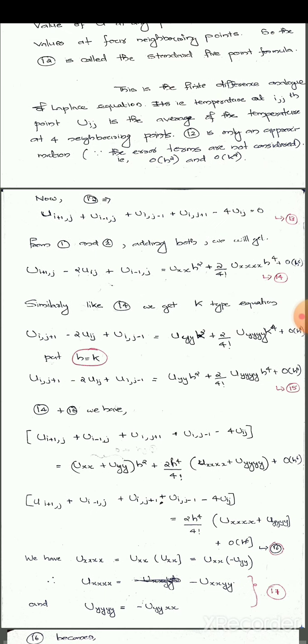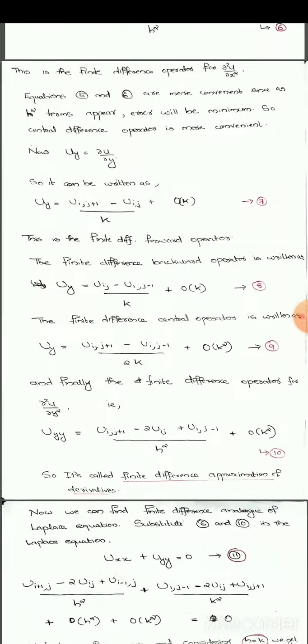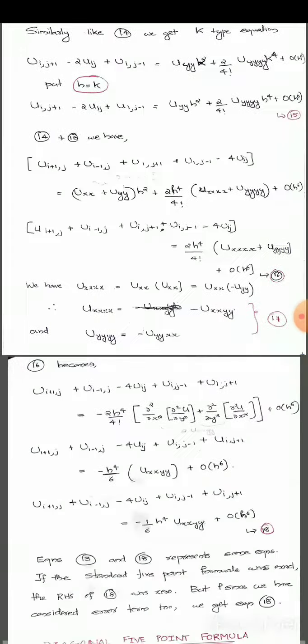So we have to consider the error terms. When we add equation number 1 and equation number 2, we get equation number 14, which is the H type of equation. There is another, the K type of equation, when we change the j or y axis in finite difference.